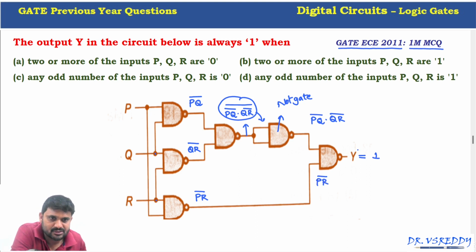So now that expression we can write for Y. Y is equal to PQ bar, QR bar into PR bar, and this is an AND gate, so whole complement.